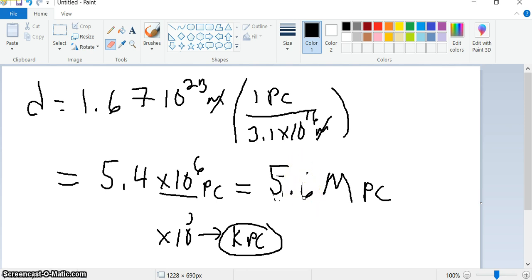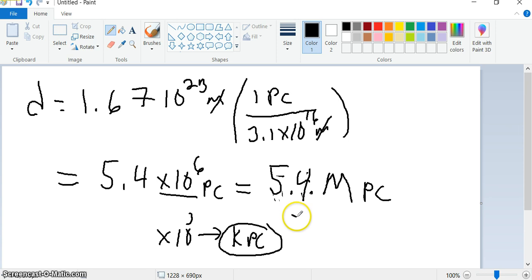Sorry about that. There we go. So it's 5.4 megaparsecs, right? So 5.4. Sometimes when I'm writing this stuff, I see a number and I write it. So it's 5.4 megaparsecs. I guess I could write that one more time.